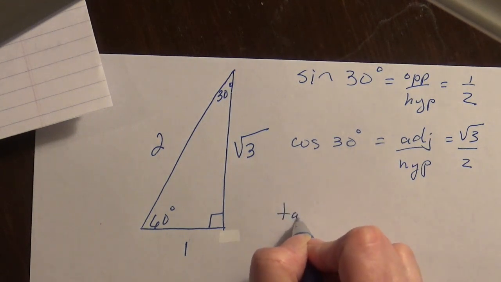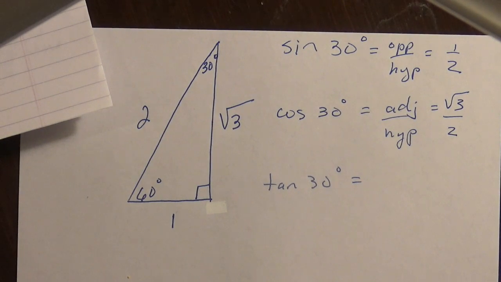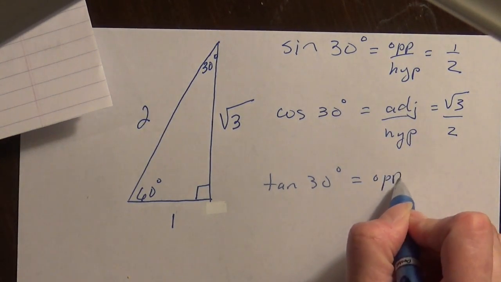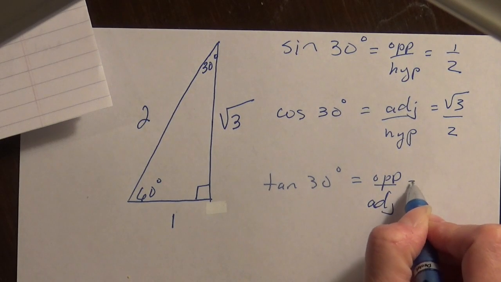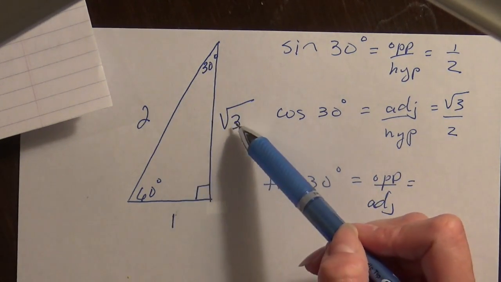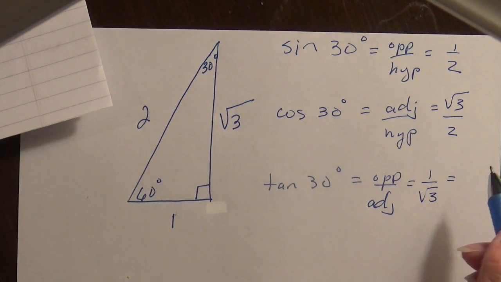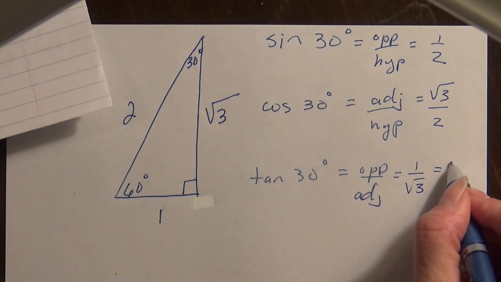Tan of 30 is going to give me opposite over adjacent. So find the 30-degree angle, opposite over adjacent, that's 1 over the square root of 3. And when I rationalize the denominator, I get square root of 3 over 3.